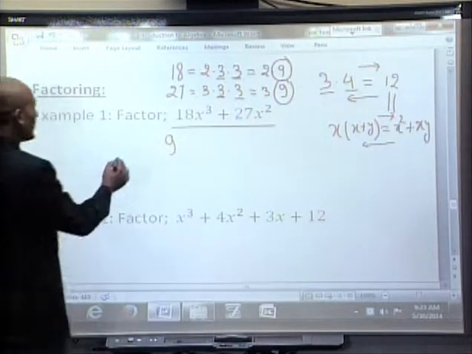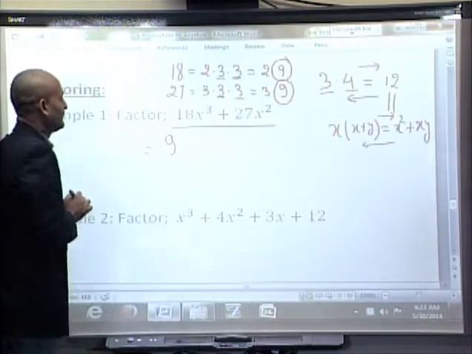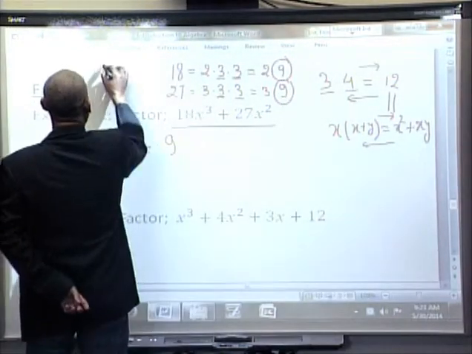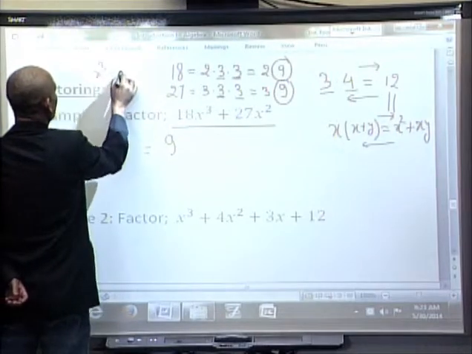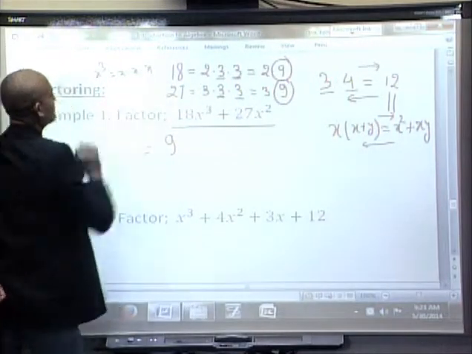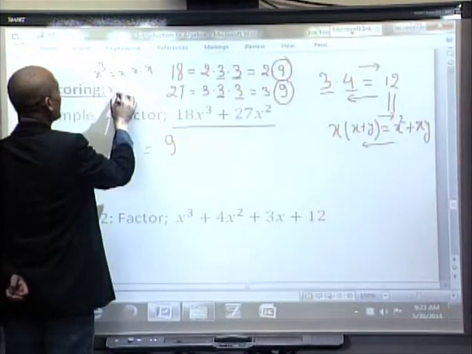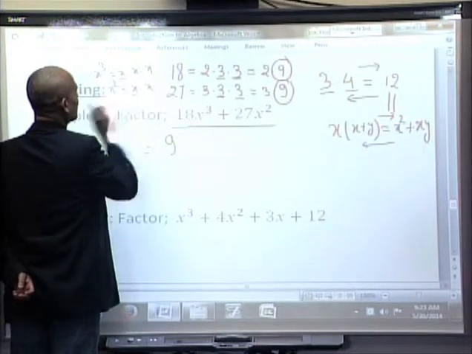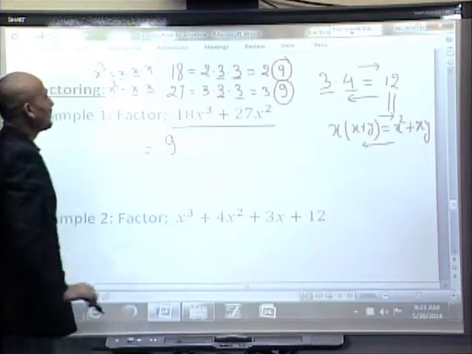9. Okay. Now x cubed means what? x cubed means x times x times x, and x squared means x times x. You can notice one x is a common factor, another x is also a common factor.